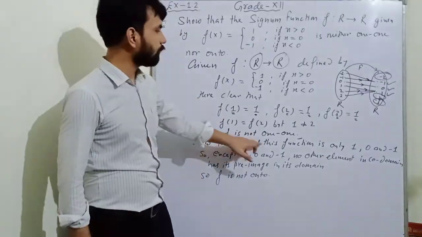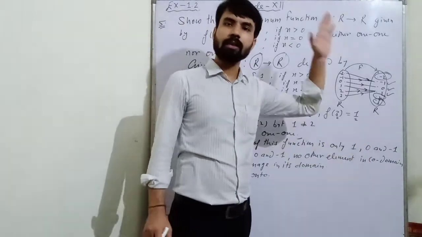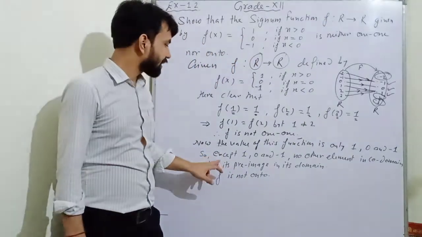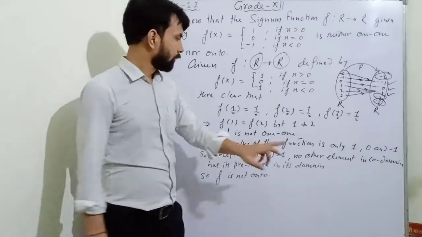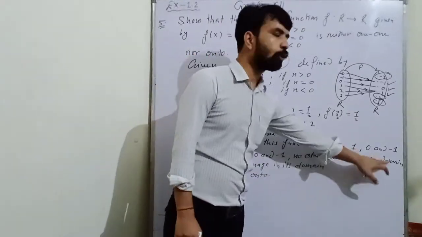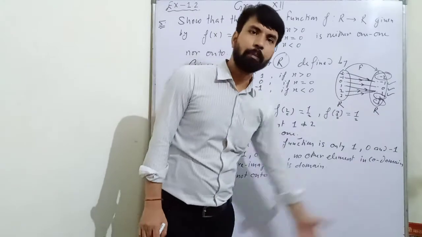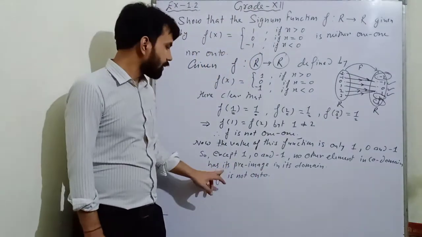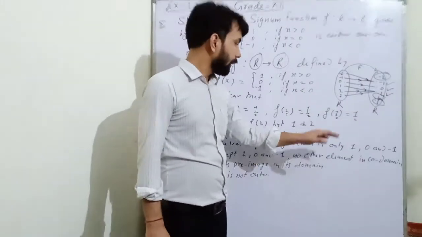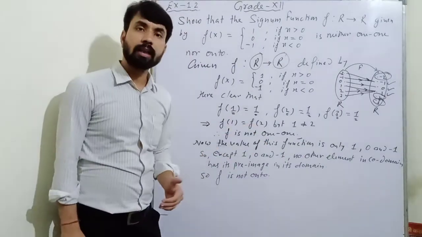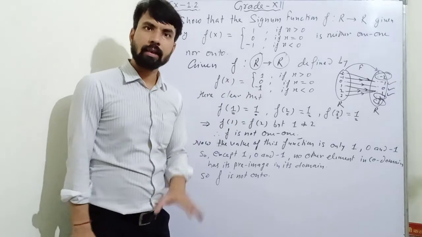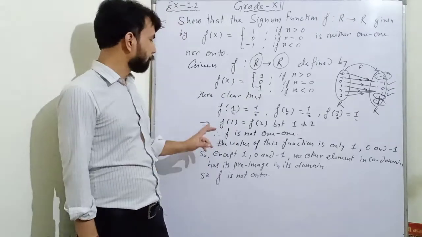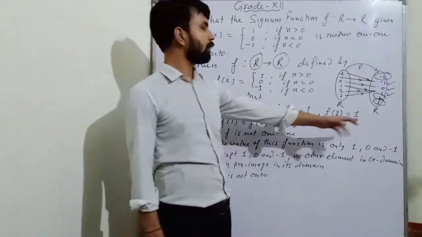Now the value of this function is only 1, 0 and -1. So except 1, 0 and -1, these three elements only, no other element in codomain has its pre-image in its domain. That means except 1, 0, -1, no element of the codomain has a pre-image in the domain. So we can write now the value of this function is only 1, 0, -1.